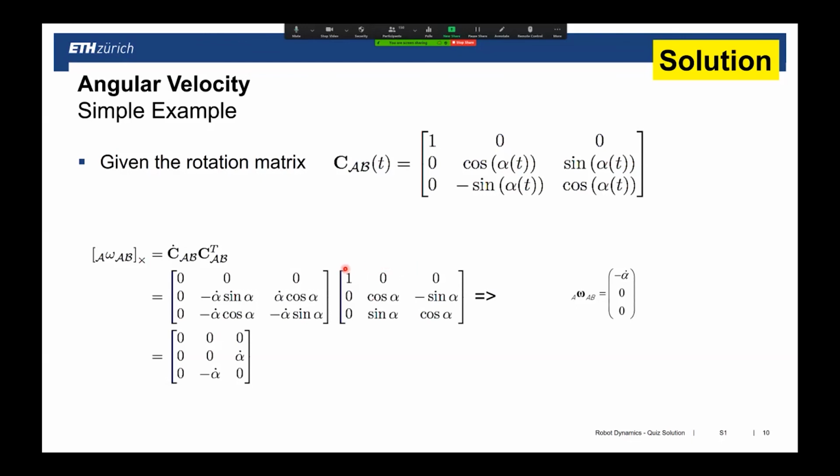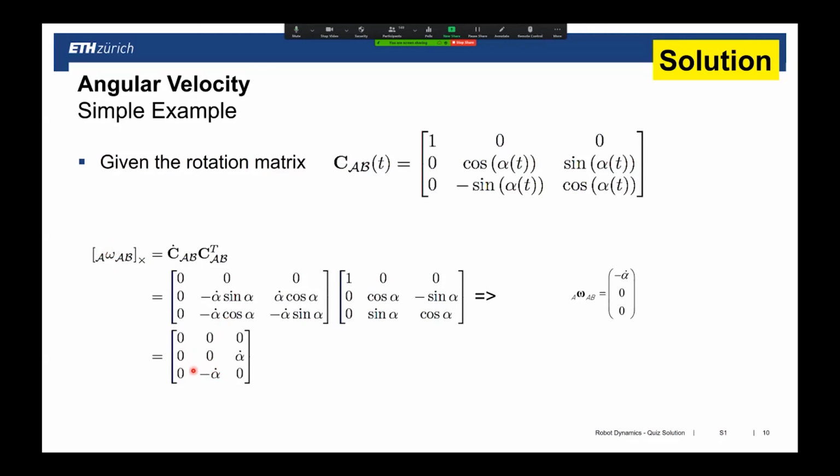Anyway, so you take here, the second one is the transpose of it, you multiply, and you end up with this matrix here on the bottom. And what you need to do now is you have to go to your notes or to the slides that you've seen before in the video or in the script, and you check what is the cross product matrix of a vector.